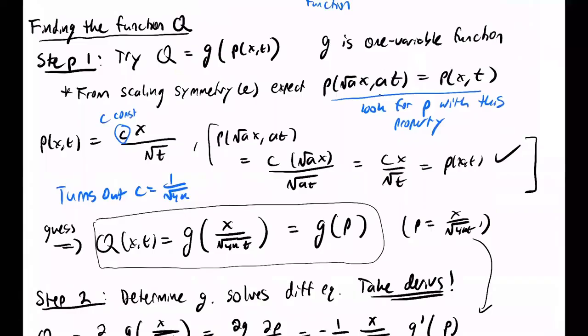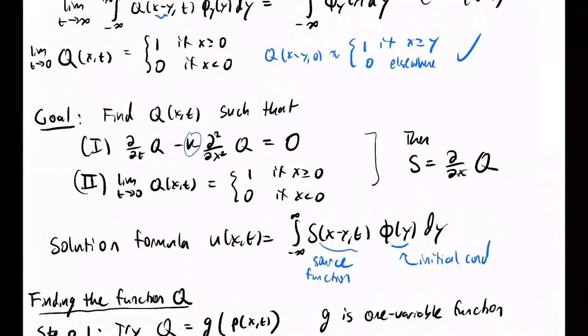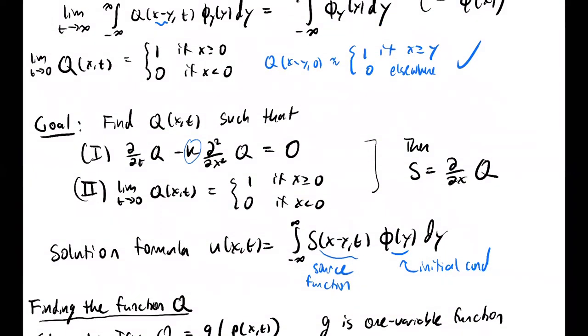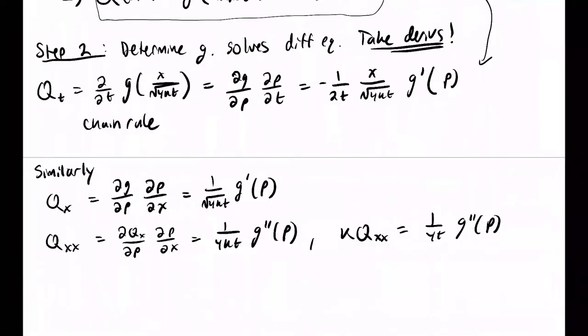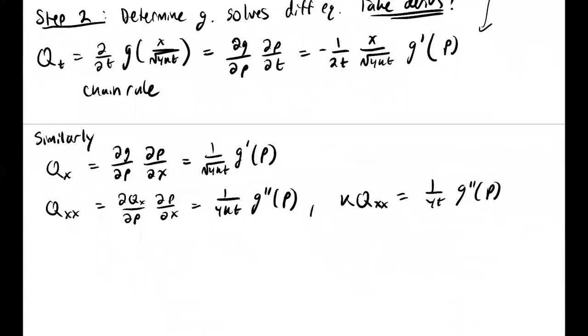Okay, and so now remember from property 1 over here, we want q to be a solution to the diffusion equation. And so what does that mean based on these formulas? Well, we want q_t minus k times q_xx to equal 0. Let's plug in what we got above.